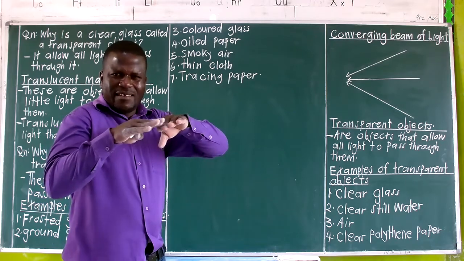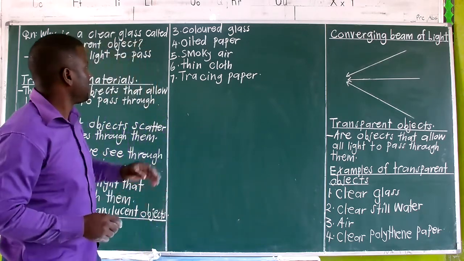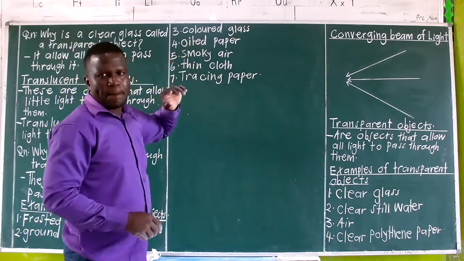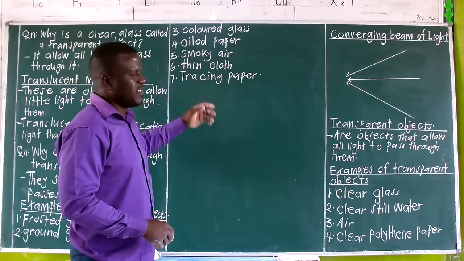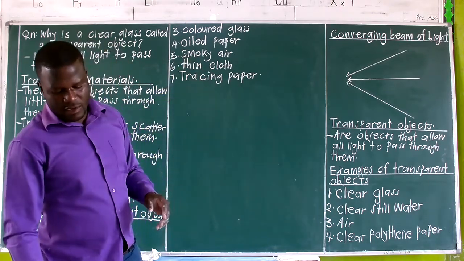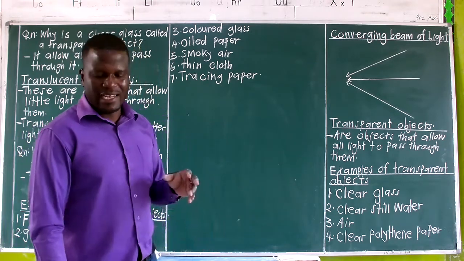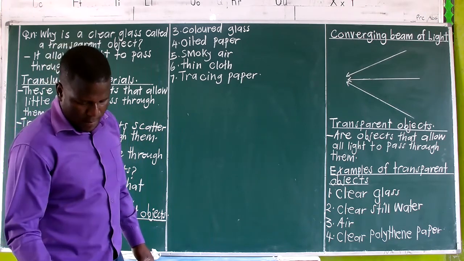It breaks and remains there. So you can't see through, but light can pass through. That's ground glass. Then colored glass, oily paper, a paper with oil, smoky air, thin cloth, tracing paper. Those are called translucent objects because they allow little light to pass through them, but we cannot see through them.